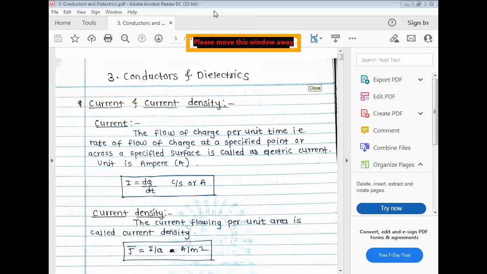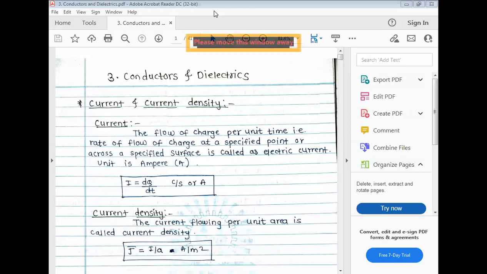Okay. So I think no one has any doubt. Everything is clear to you, right? I consider this as clear, and we conclude the third chapter here.